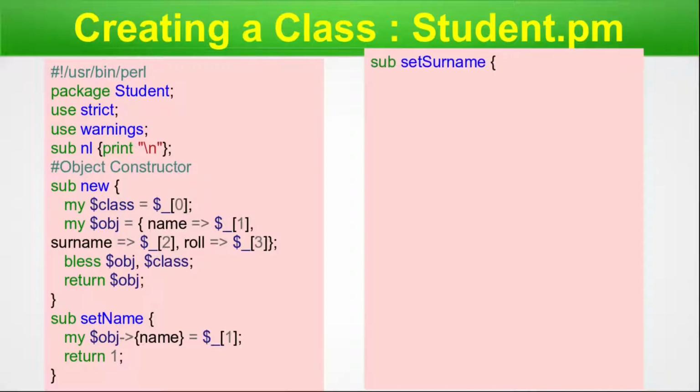And we continue the code here in the second column. Set surname. We could have made a mistake in the surname and want to make it right. So here again we are writing $_[1]. Now there could be a question: in the constructor you wrote $_[2] and now you are writing $_[1].